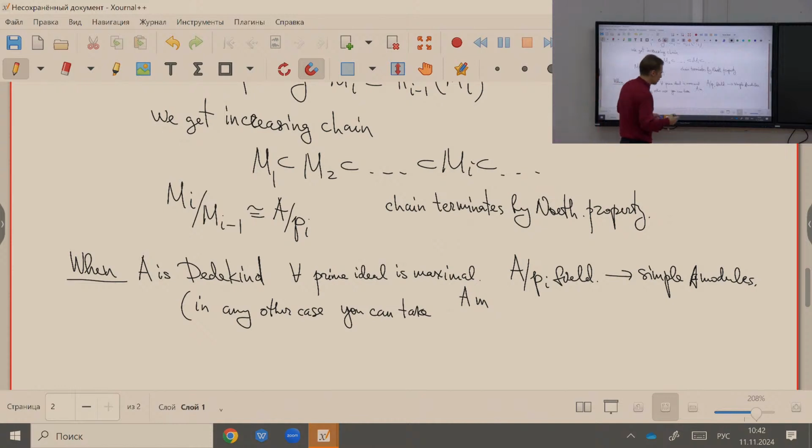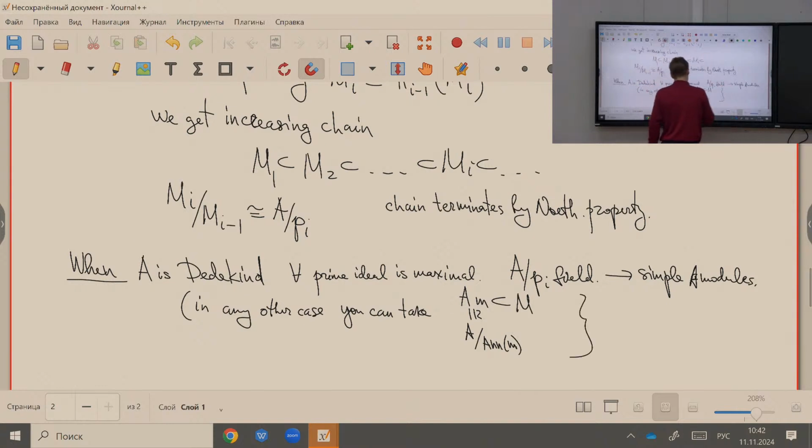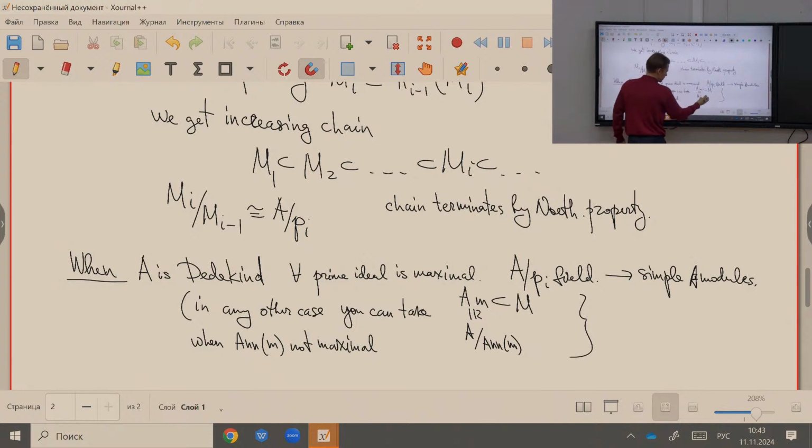Such a submodule is isomorphic to A mod I, so A mod the annihilator of M, and if the annihilator is not maximal, so this is a ring, of course, in the commutative setting, then the ring A mod the annihilator of M contains a non-trivial ideal.